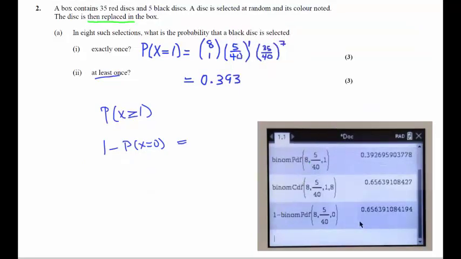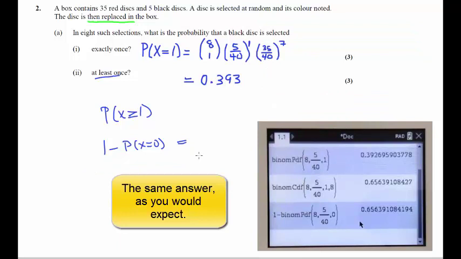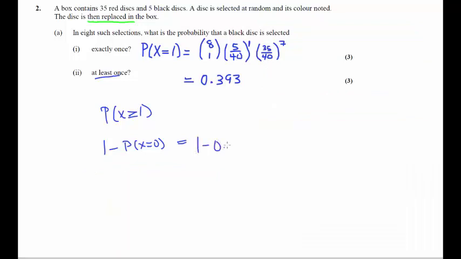That probability is 0.344. So we have 1 minus 0.344, which gives you a final probability of 0.656. And again, either of these methods will work, just your choice.